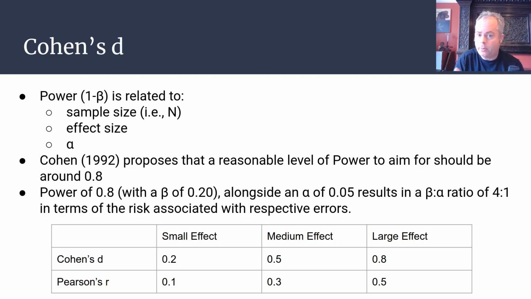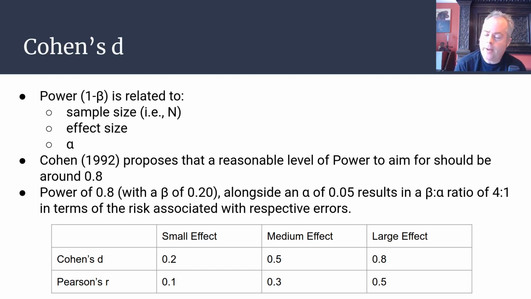And this actually can be a real challenge because many theories in psychology don't say a huge amount about what kind of effect sizes might be expected or predicted by their theoretical framework. So it can be tricky to decide what sort of effect size you might be looking for in your research.